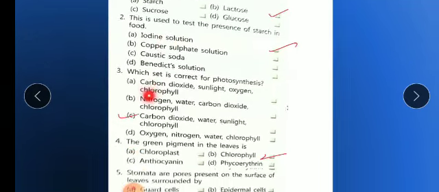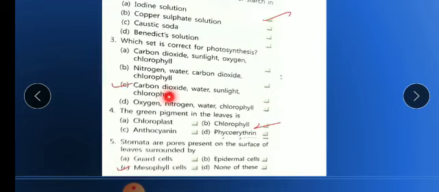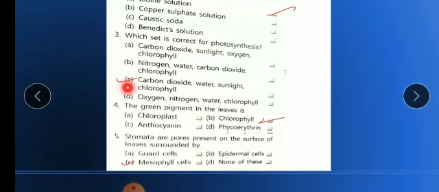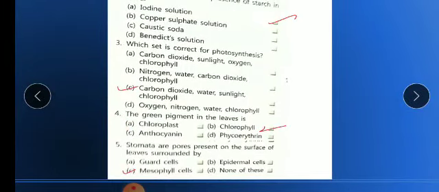Okay children. Then next is, they are asking the correct set of photosynthesis. So in the photosynthesis process, we need 4 raw materials: carbon dioxide, water, sunlight and chlorophyll. So answer C is correct, as I have already mentioned. Fourth one is, the green pigment in the leaf is known as chlorophyll.